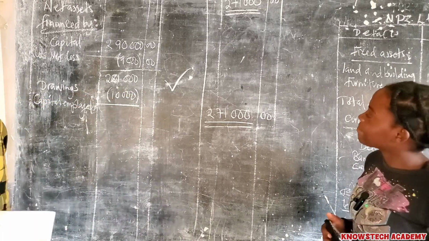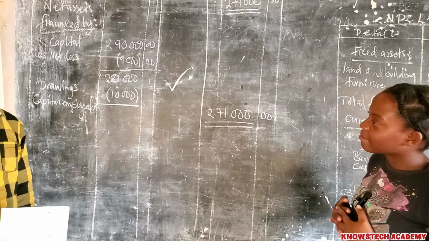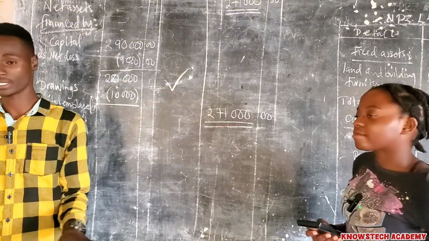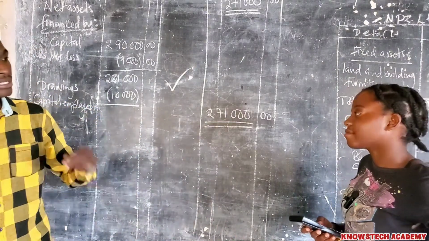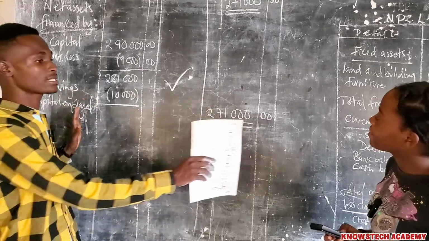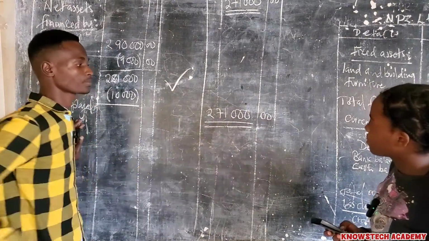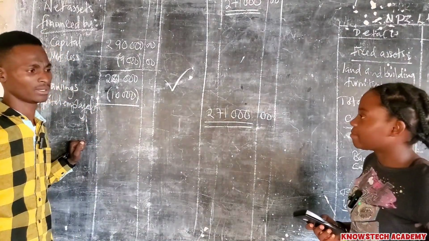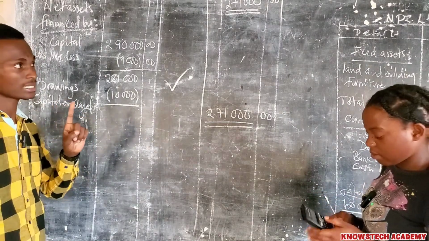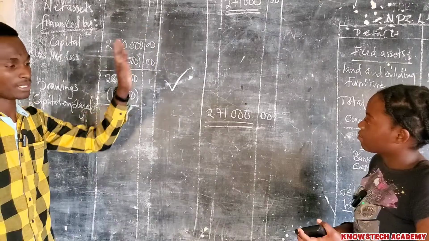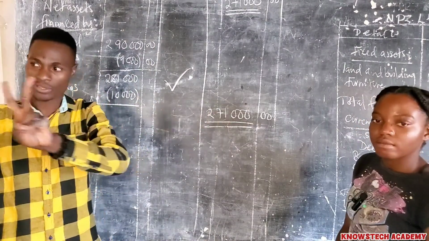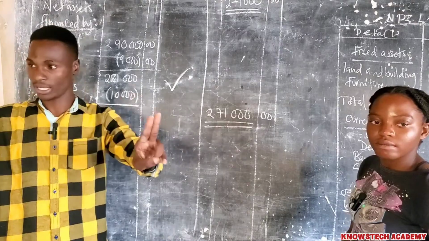So it's not always that we're going to have drawings. Sometimes you can say, no, I'll not take anything from the business for this year, but it's difficult. Maybe you have two businesses, and in one of them you say you don't want to get anything for the whole year, 2020, 2021.